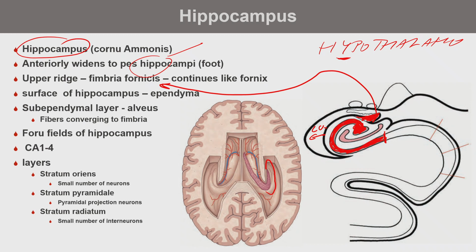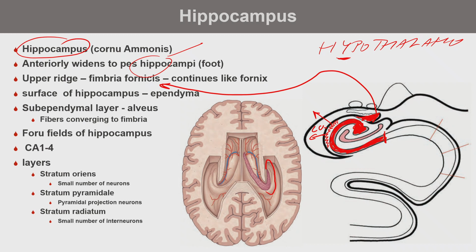Hippocampus is very important, and it has an interesting layer of white matter, which is facing the basal membrane of the ependyma. And ependyma is covering it to the ventricle.